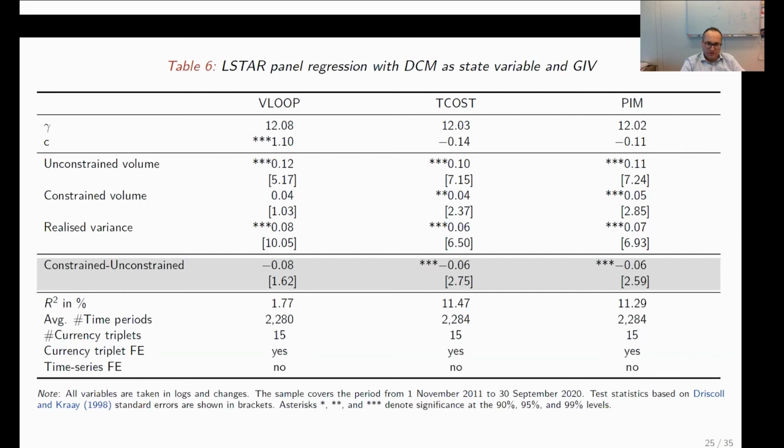But overall, you see basically the same qualitative pattern, that the PIM volume relation tends to weaken a lot when we move from an unconstrained dealer regime to a constrained dealer regime. Coefficients are somewhat smaller compared to the baseline results, but still the difference is statistically significant.